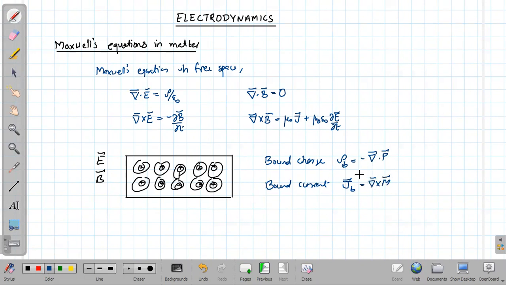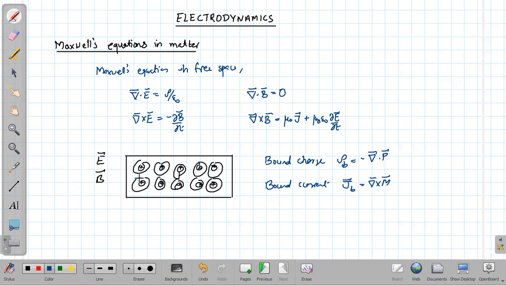Now, in addition to these bound charges and bound current, there will be an additional current, and that current is called polarization current. So I will just explain what that is.